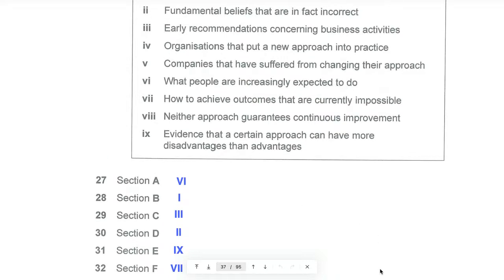All right, read that. Organizations that put a new approach into practice. Okay, explain this. Some companies put a new method into real life. Kind of. Put into practice, what does that mean?